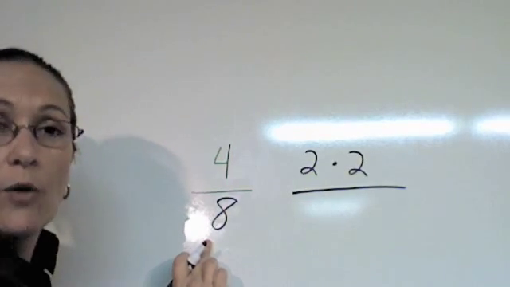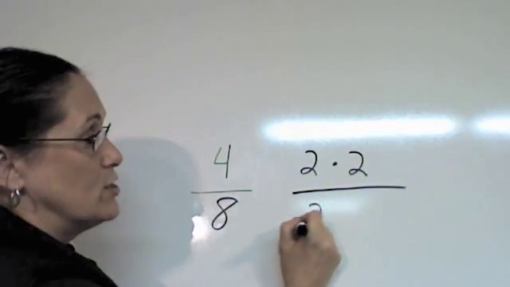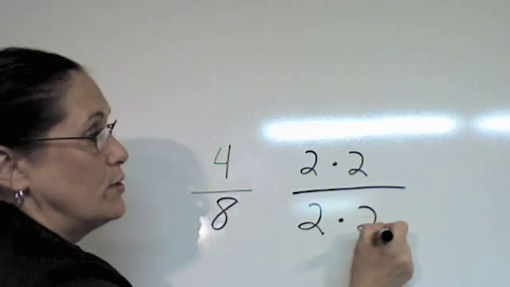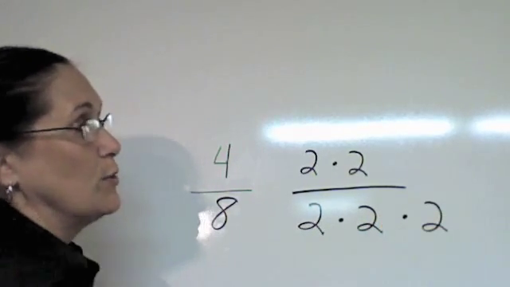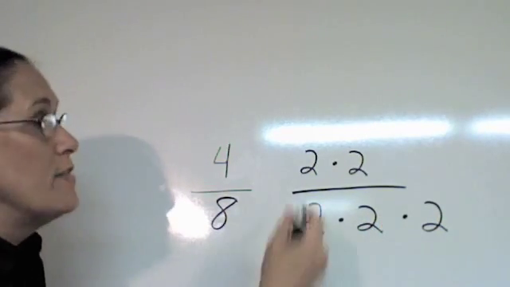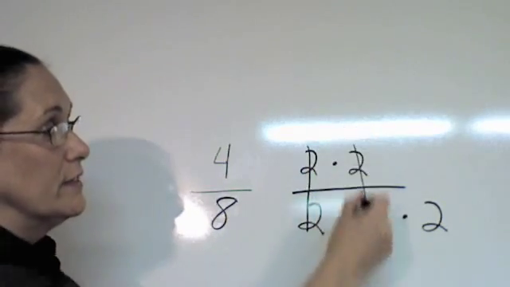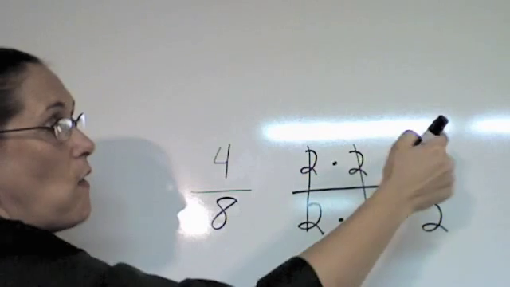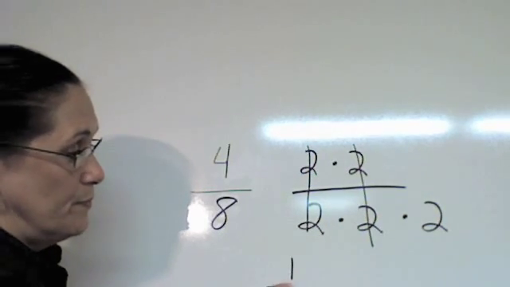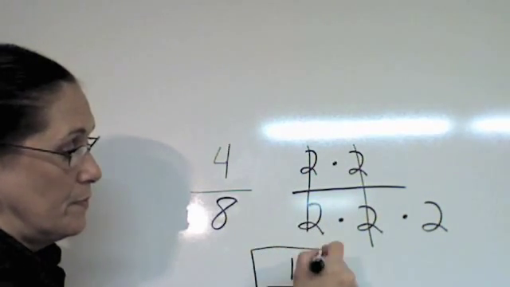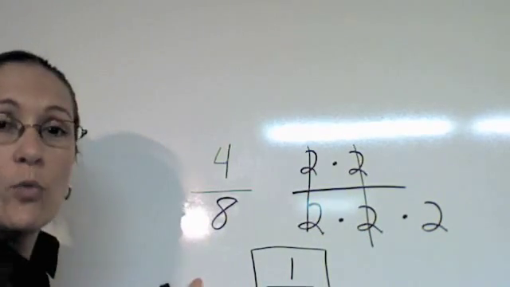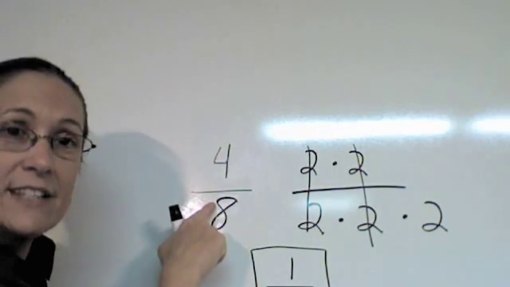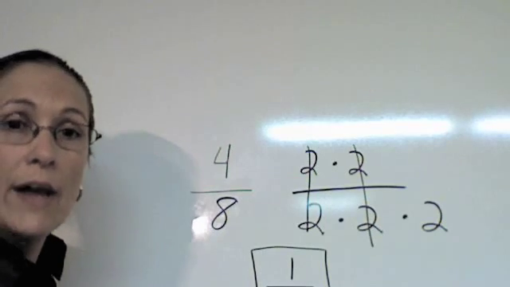And we can rewrite 8 as 2 times 2 times 2. Then these will cancel, and what we have left is a 1 over 2. In other words, the fraction 4/8 will reduce down to 1/2.